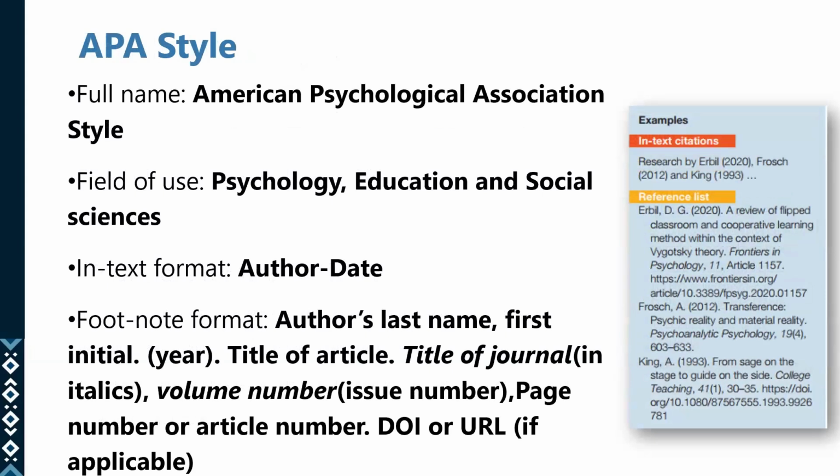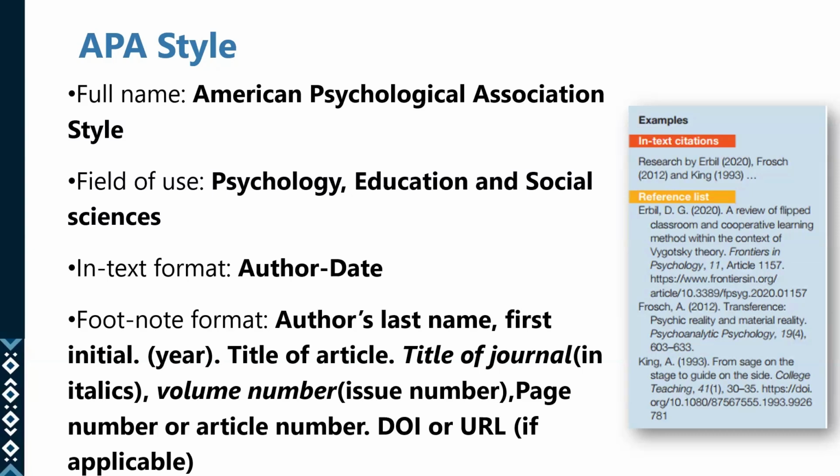APA stands for American Psychological Association. This style is used mainly in psychology, education, and social science. The in-text format for this style is author-date. The footnote format uses the same elements, but it has its own way of being used. That's why we differentiate the different styles.